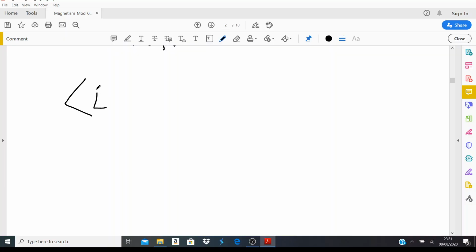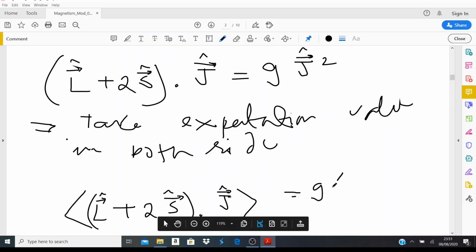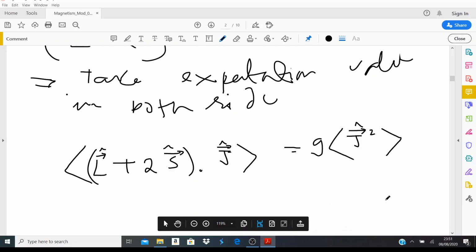I have discussed and mentioned that this concept will become very handy, and now you can see we are using it frequently to understand our topic of discussion. So that's your angular bracket, the expectation value, on the left, and on the right we have the expectation value, where g_J is just a number, so that's outside, and we need to find the expectation value of J squared, right?